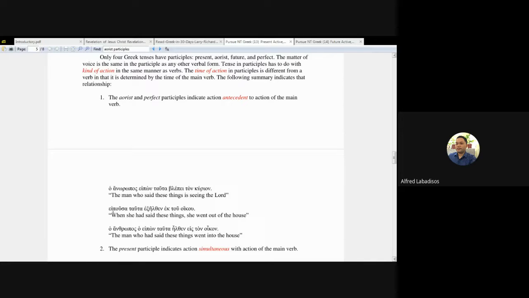Another example, we have ipusa tauta exultain ekton oikon. Parse exultain. What is the tense of exultain? Imperfect, sir.